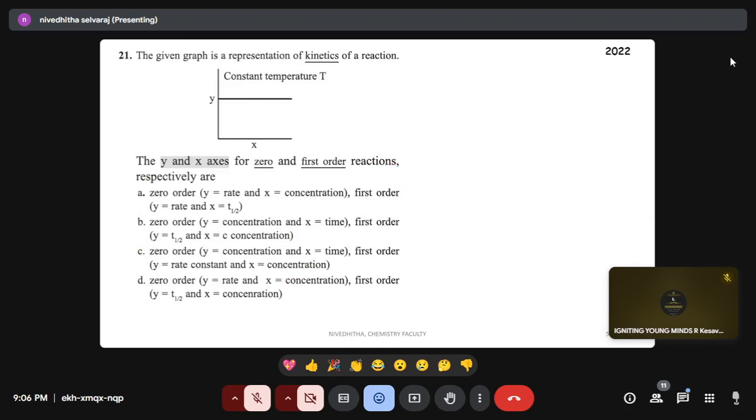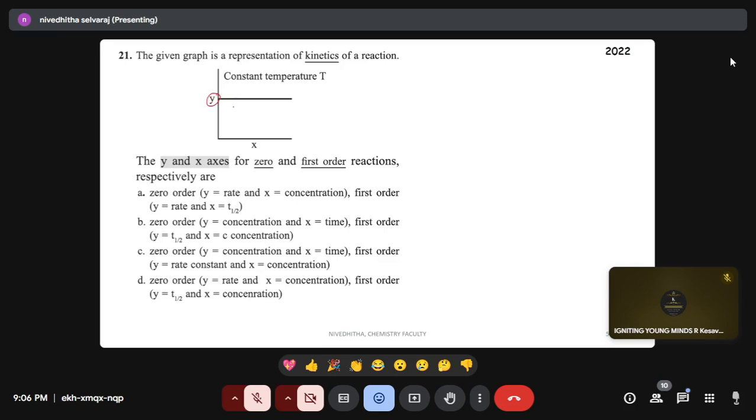Here they've given some graph and we have to find the axis. What could be the x-axis and what could be the y-axis? From the graph, what we can infer is if you increase the value of x, the value of y will not change.